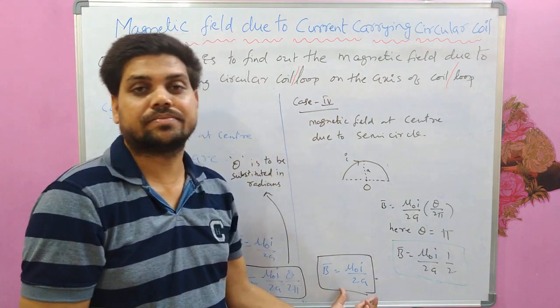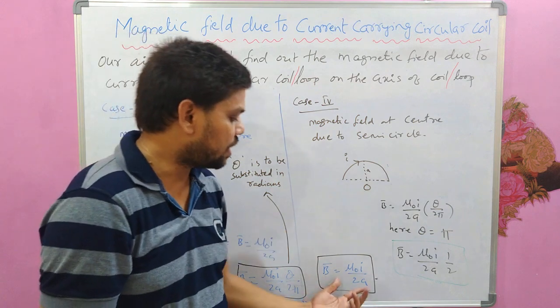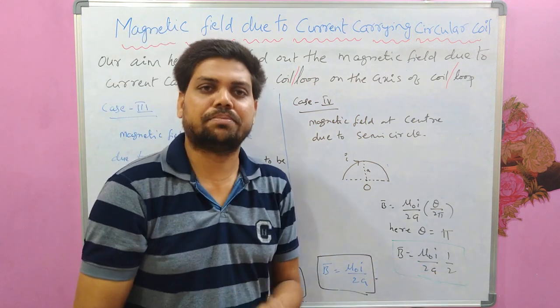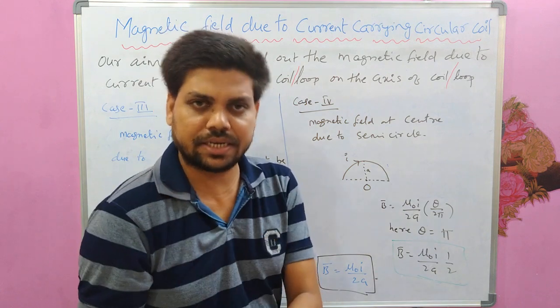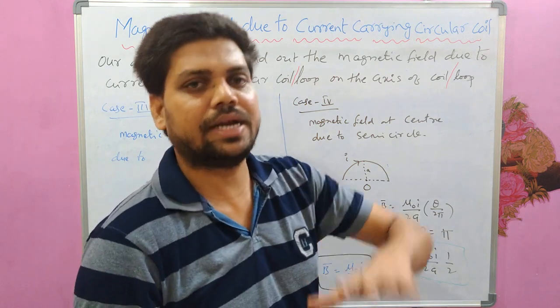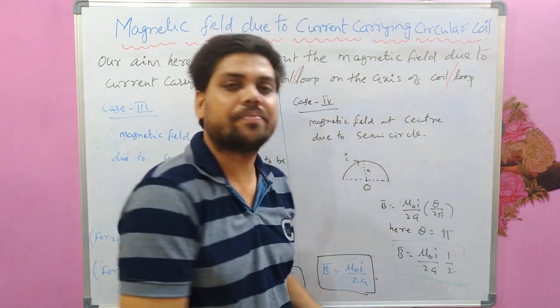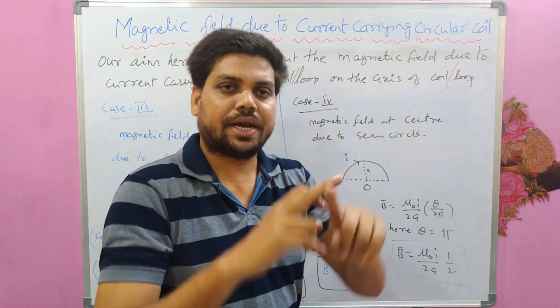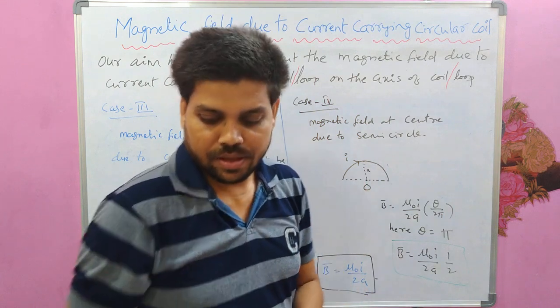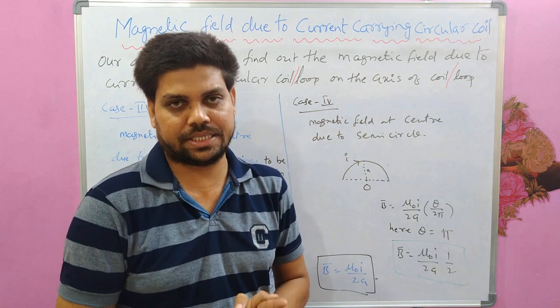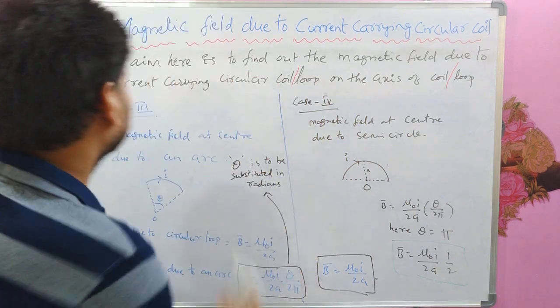If it is a semicircle, half of this. So using these magnitudes and directions of the magnetic field at the point P or at the center O due to a current carrying coil, we can make one most important point that we will see now.